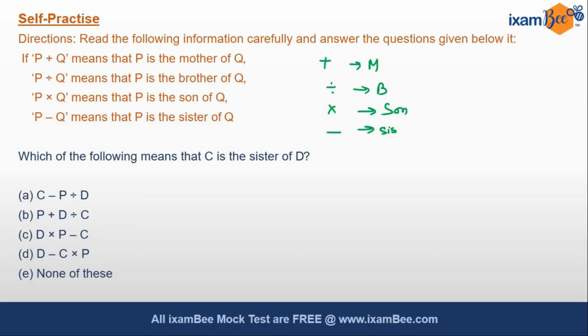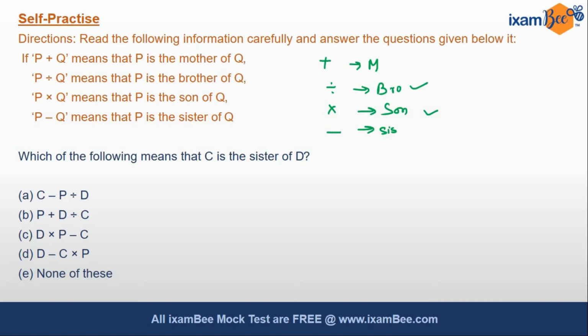So here two pieces of information are given. C should be a female and it should be in the same generation as D. As we have seen in our previous video, we will adopt the elimination technique whenever a coded relationship question is given. If you see, son and brother would be male, whereas we want C to be a female.